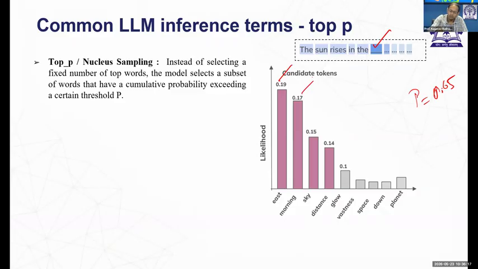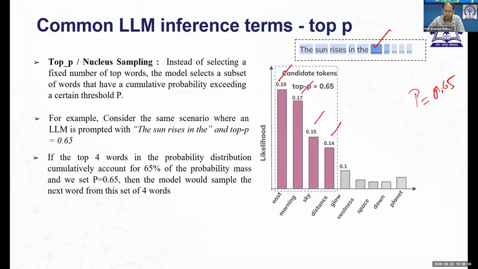Then the next one, 0.17, so if you sum them up, it becomes 0.36. If you add the next, it becomes 0.51. And if you add this, it becomes 0.65. So if I specify that my probability mass limit is 0.65, you are restricting yourself to these 4 tokens.